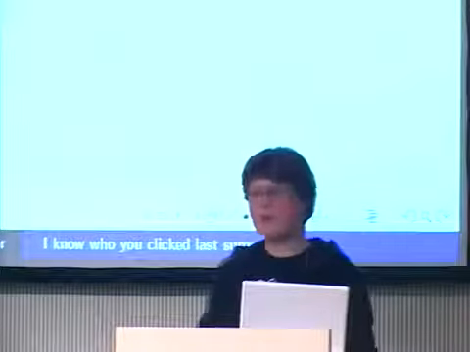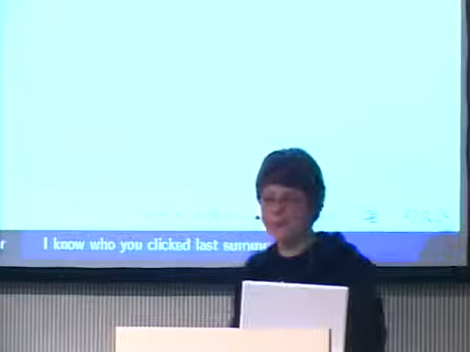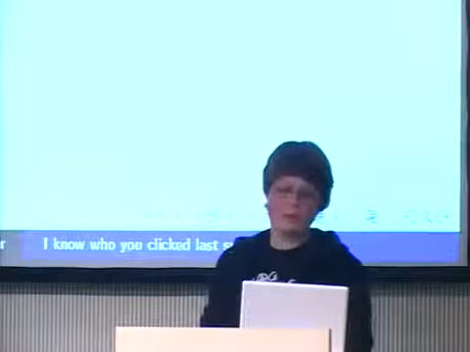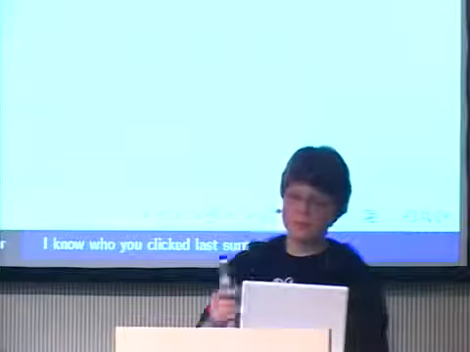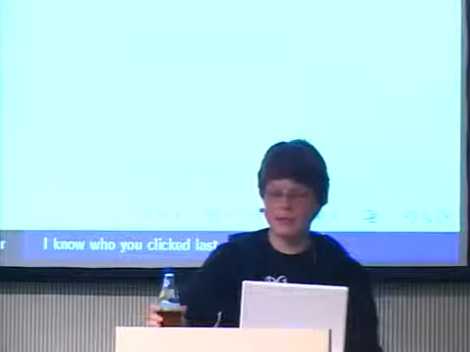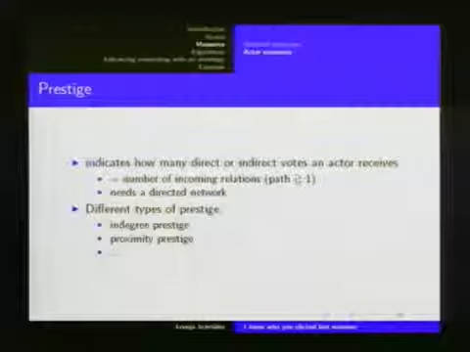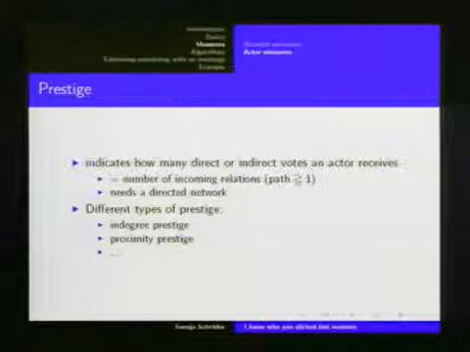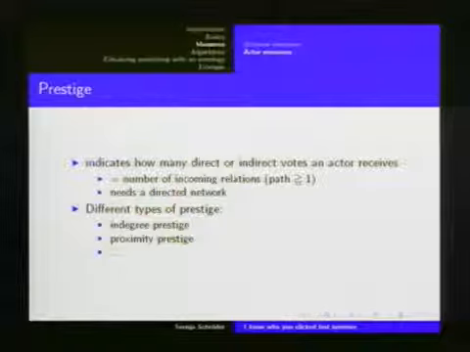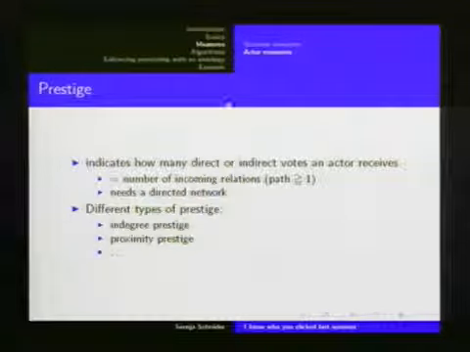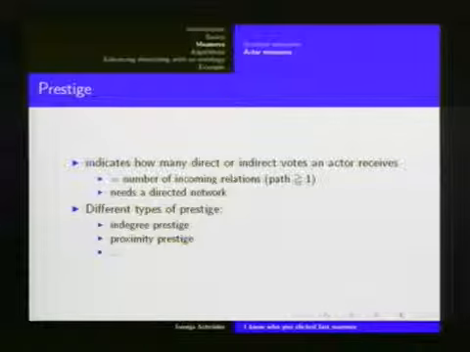Prestige is not the same, but it's for a directed network and indicates how many direct or indirect votes an actor receives. That means you only look at the incoming edges or incoming relations, also with a path length longer than 1. There are different types of prestige, like in-degree prestige or proximity prestige.